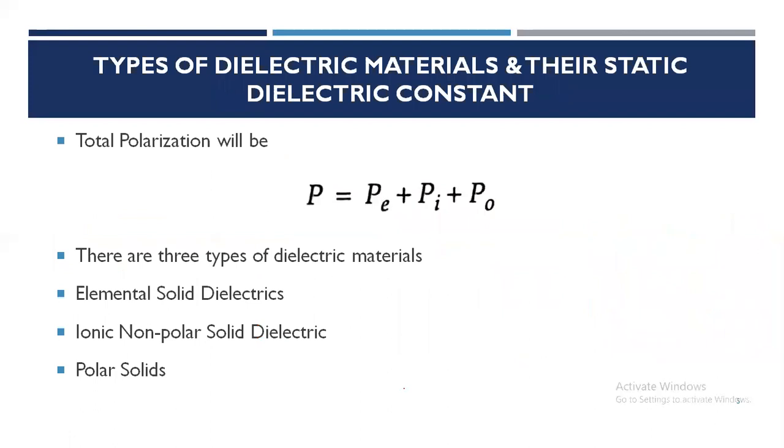Next we are going to turn towards types of dielectric materials and their static dielectric constants. As we discussed in the last lecture and earlier in this lecture about the major polarization types, the three major sources are electronic polarization, ionic or atomic or molecular polarization, and orientational polarization.